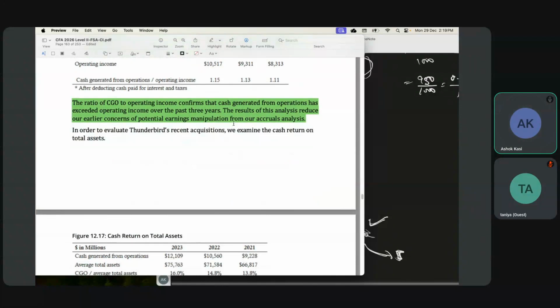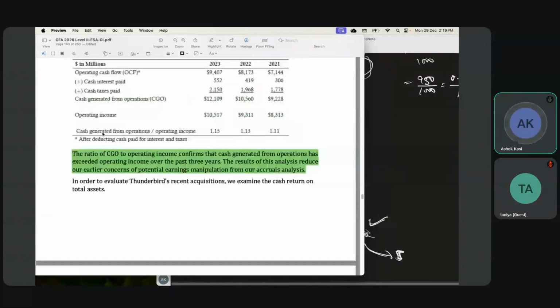The results of this analysis reduce our earlier concerns of potential earning manipulation from our accrual analysis. The ratio of CGO to operating income confirms. So from the operating income perspective, cash is going up. Is it going up? Yeah, all are above 1, no?